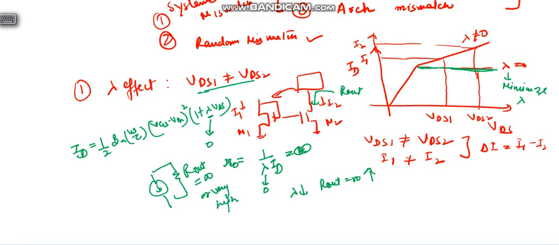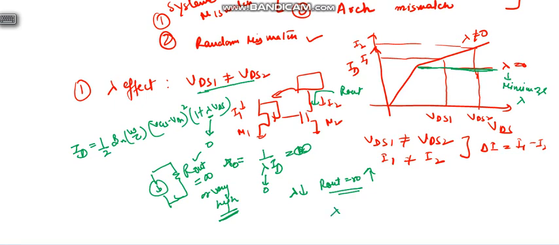For an ideal current source this is infinity, but for a non-ideal current source this is not infinity, so we should make it very high. Now how to increase the output resistance of this current mirror? One way is to reduce lambda.